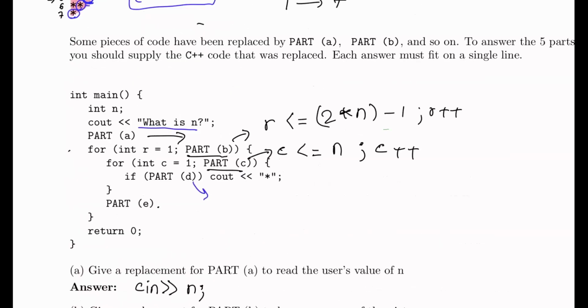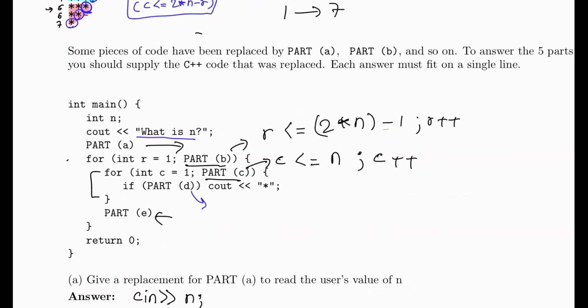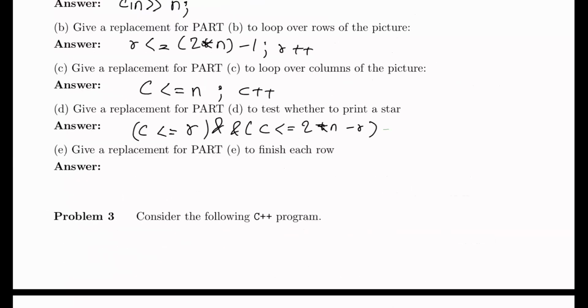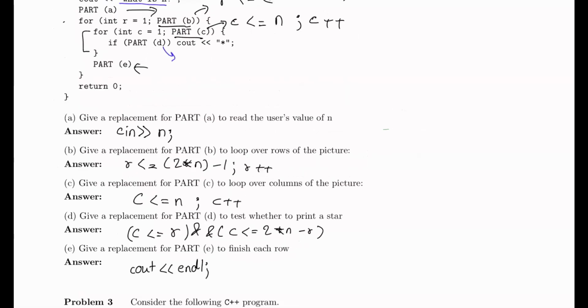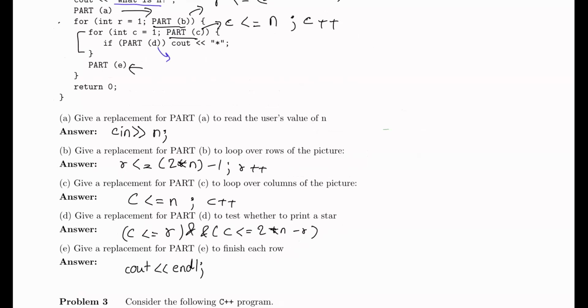And then let's think about part E. Every time you finish the column, you go to the next line. So go to next line, C R E N D L. All right. Any question?